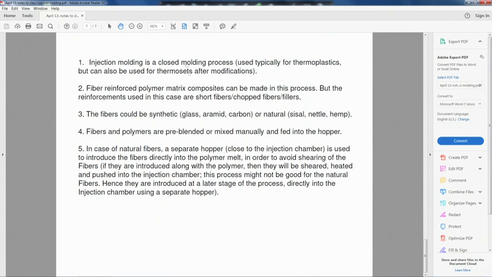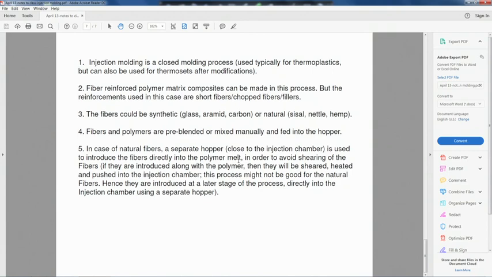The fibers could be synthetic as well as natural material, and something very important I wanted to mention here: when you have natural fibers, you typically use a separate hopper or a place through which you put the fibers inside the barrel, close to the injection chamber, because when you have come close to the injection chamber inside the barrel, the polymer melt has already been produced, and at that point if you introduce the fibers, they will go directly into the polymer melt.